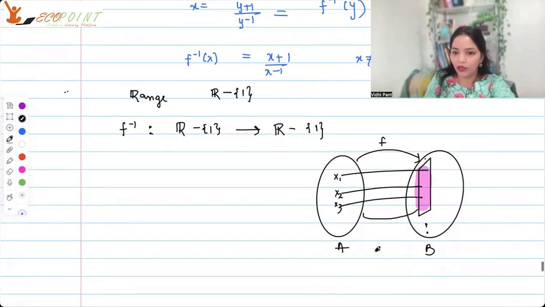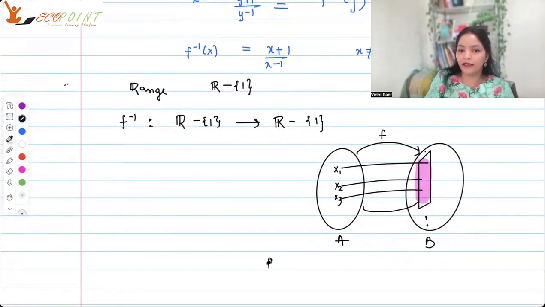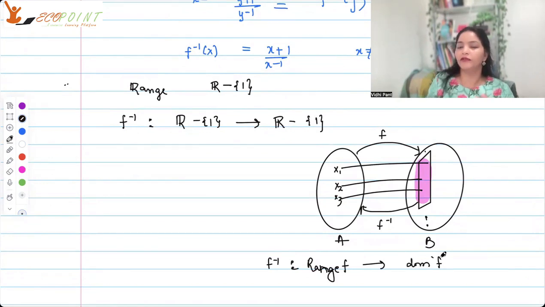So what I'm trying to tell you is that an inverse function could be defined from the range of f to the domain of f.